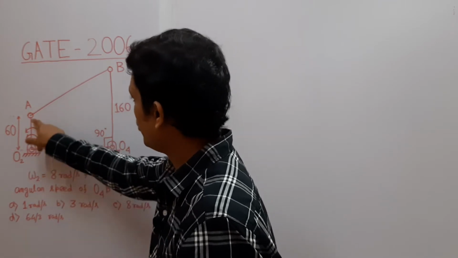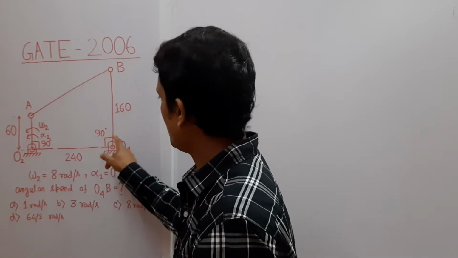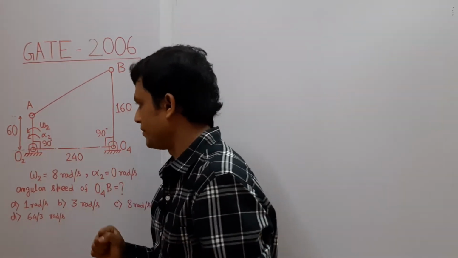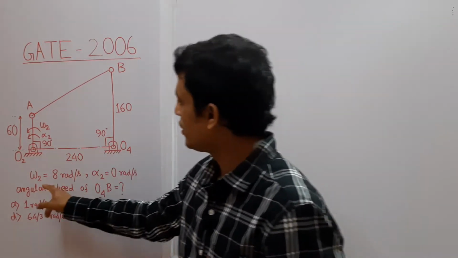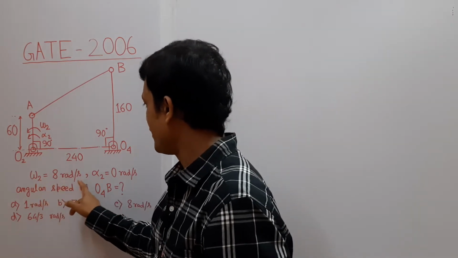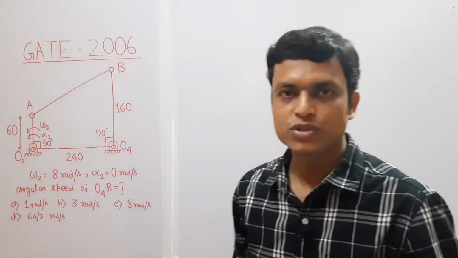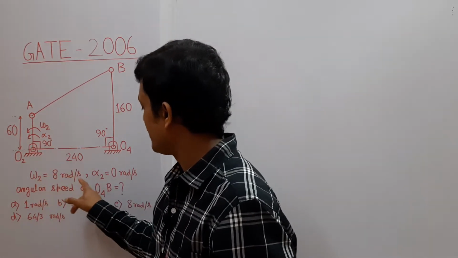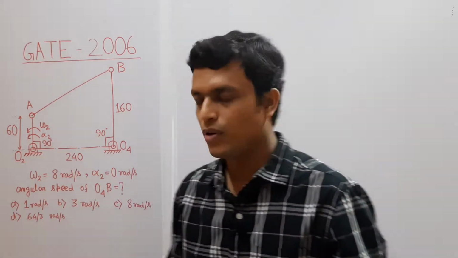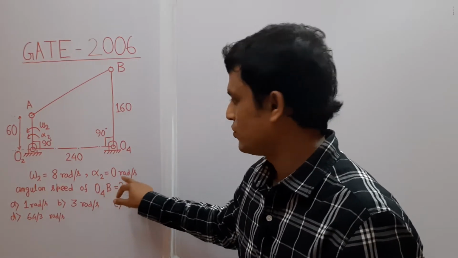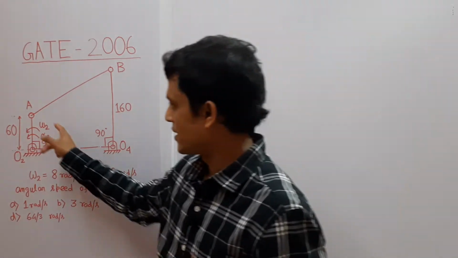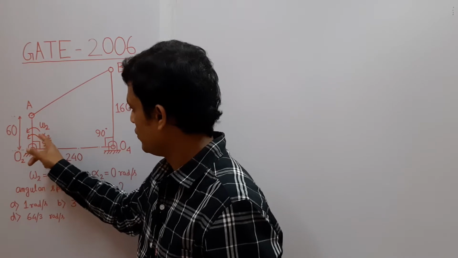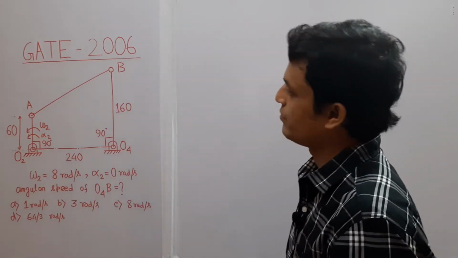So both crank and follower are perpendicular to the fixed link. The crank is rotating with 8 radian per second, uniform speed. The rotational speed of crank is 8 radian per second and that is uniform speed because alpha 2 is 0.